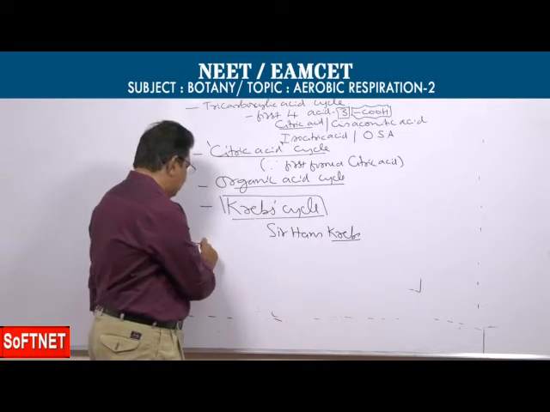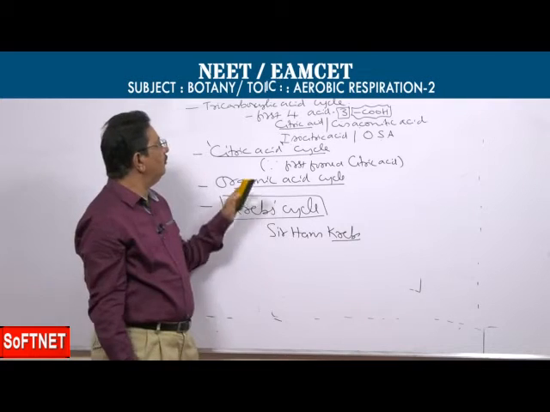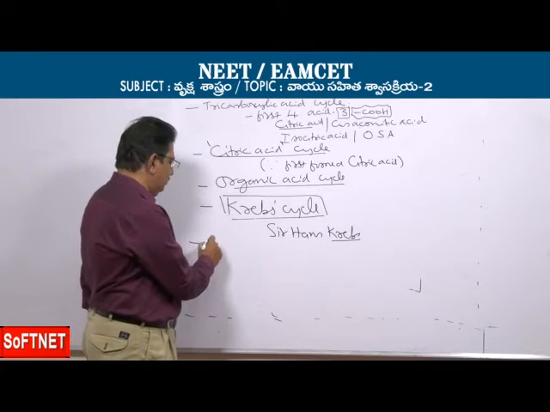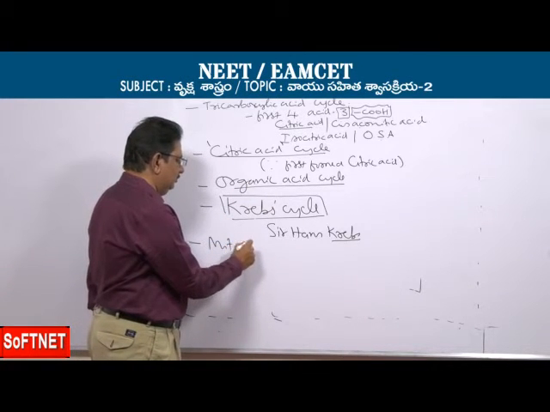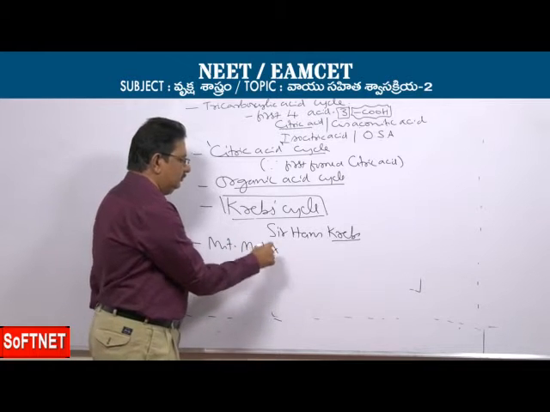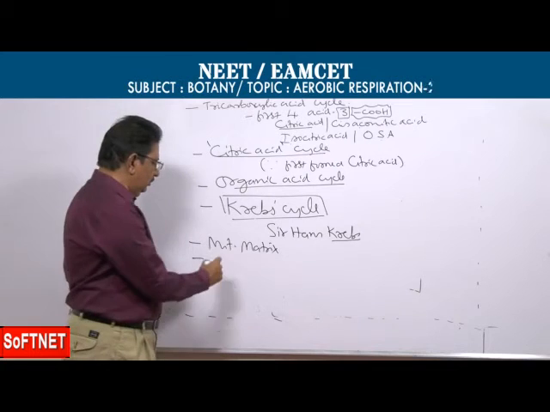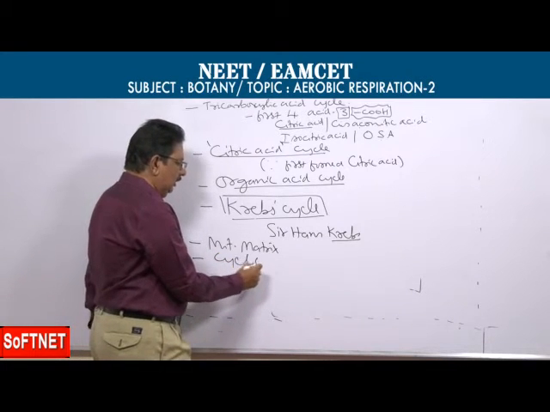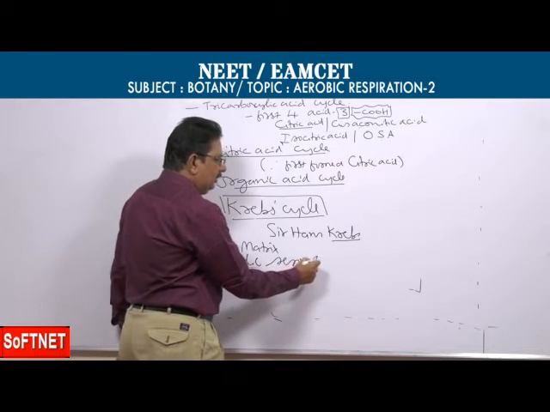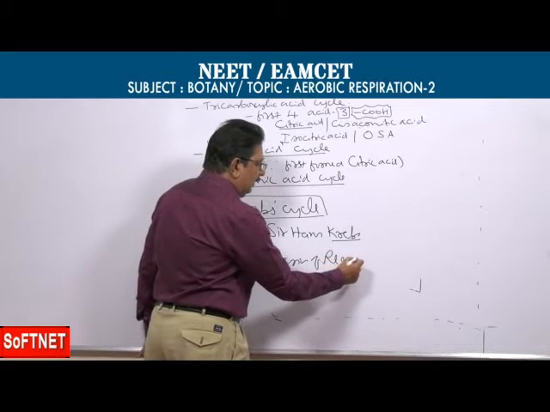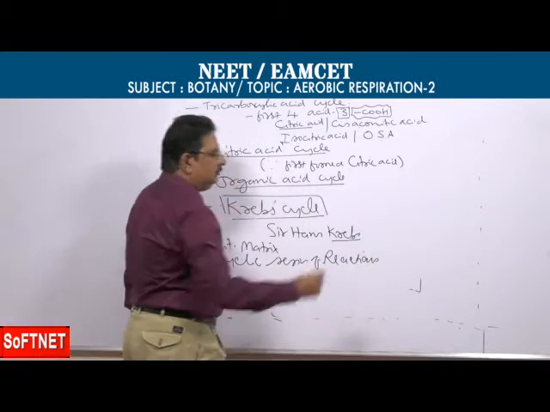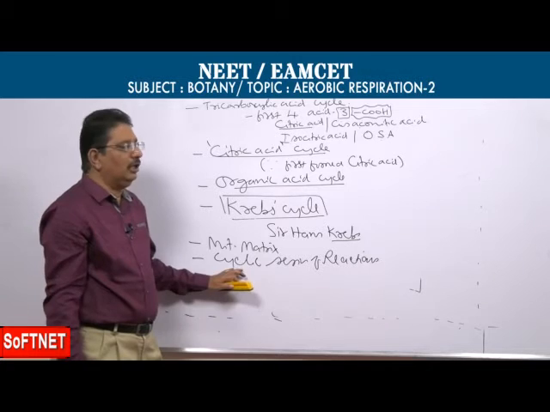And the site of the Krebs cycle is the mitochondrial matrix. In the Krebs cycle, there is a cyclic series of reactions conditioned by a set of enzymes.